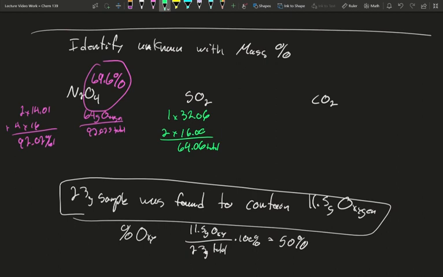Well, if I had a mole of it, I'd have 2 moles of oxygen, and 2 moles of oxygen is 16 plus 16, so 32 grams of oxygen out of every 64.06 grams total. Times 100% if you want the percentage. 32 divided by 64. Sure enough, that comes out at 50%.